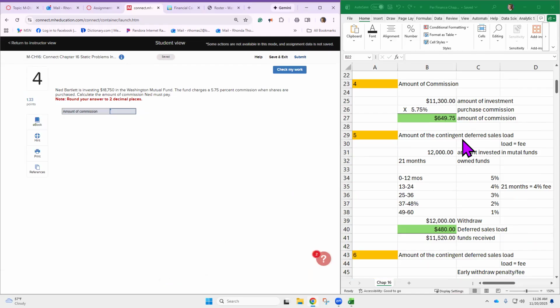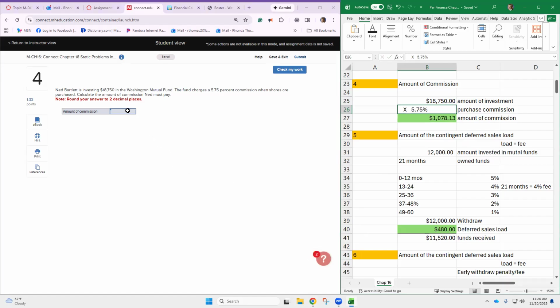All right. Ned is investing $18,750 in a Washington mutual fund. The fund charges 5.75% when shares are purchased. Calculate the amount of that commission that Ned must pay. So once again, put in the amount of the purchase, and it's 5.75.